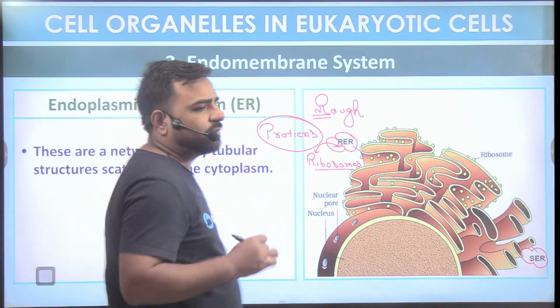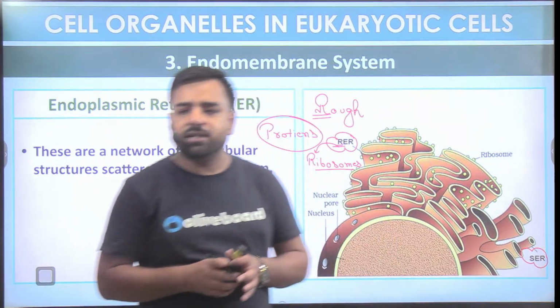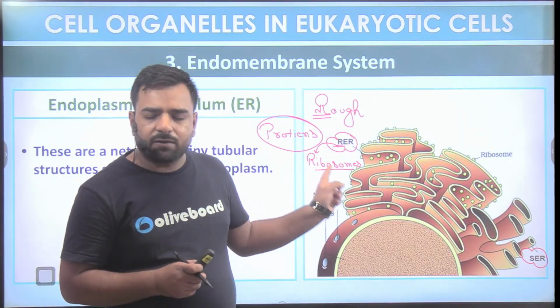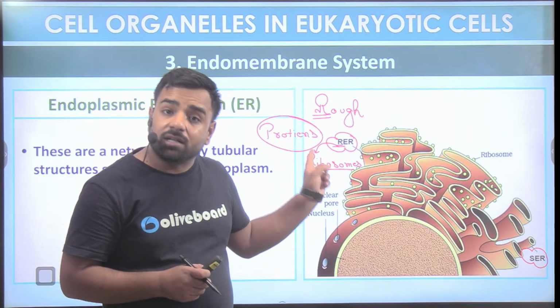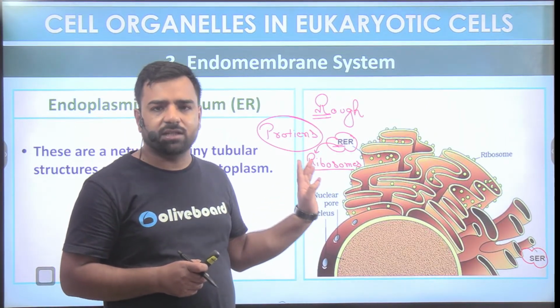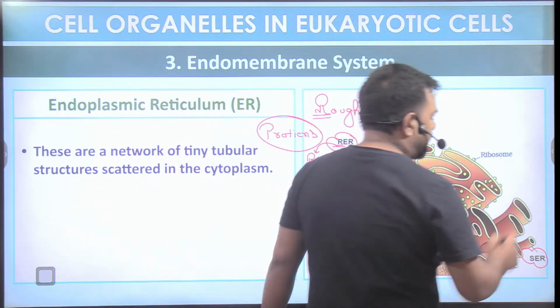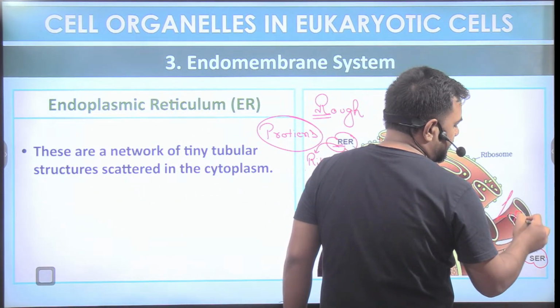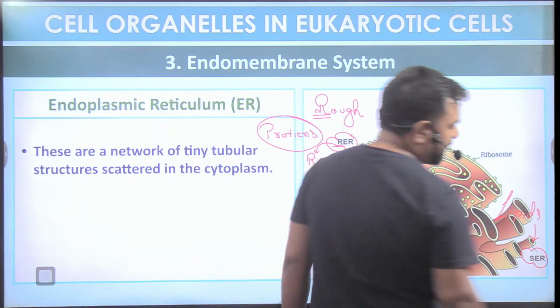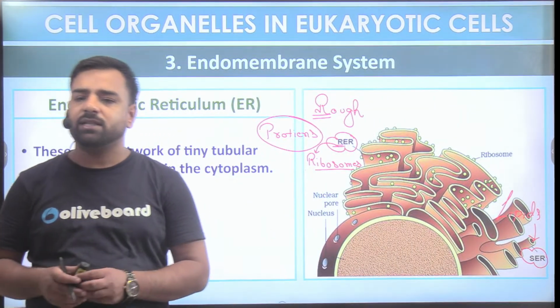If someone asks you where proteins are generated, it's on the rough part, because ribosomes are present and protein synthesis takes place here. What about lipids? Lipids are generated on the smooth part. You need to remember this, and that's very important.